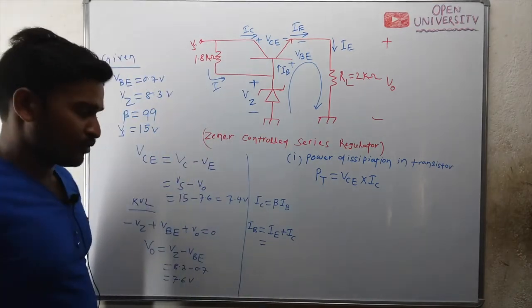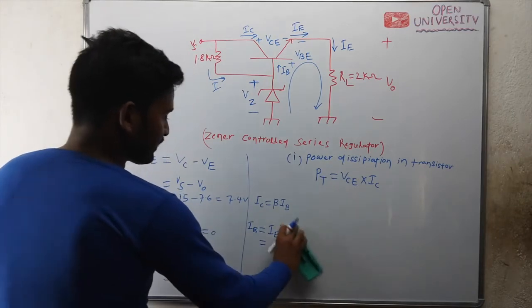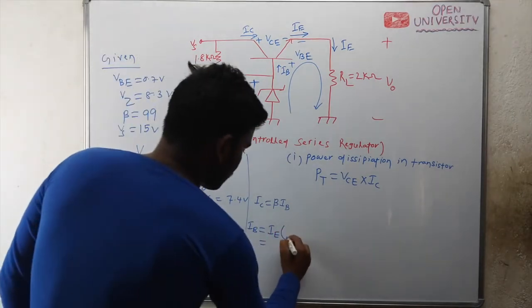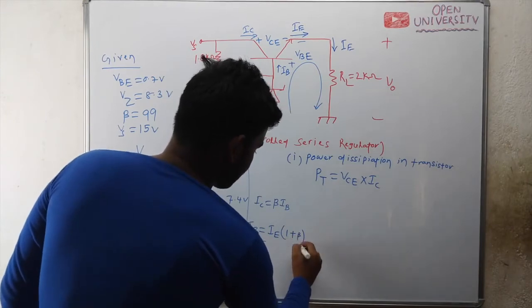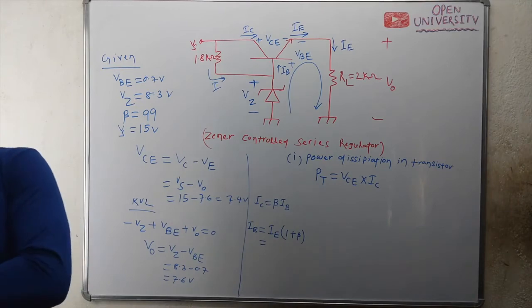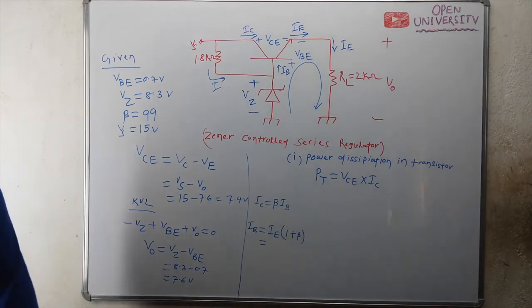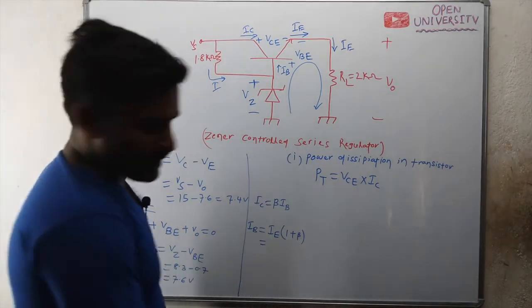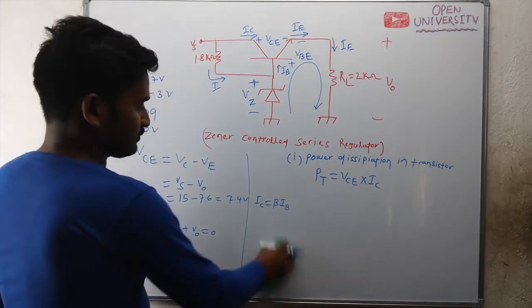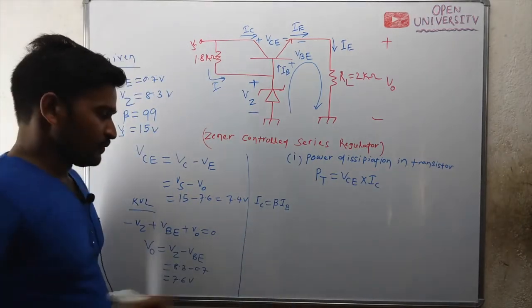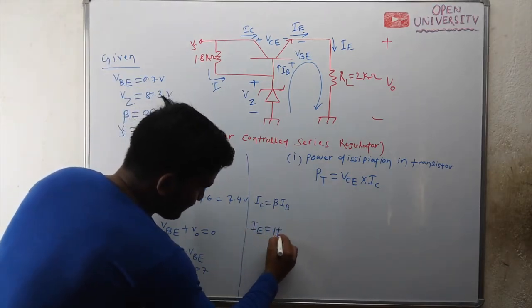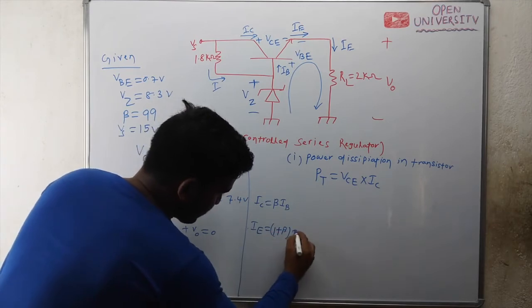Directly I am giving the formula without complicating: IE equals IB into 1 plus beta.